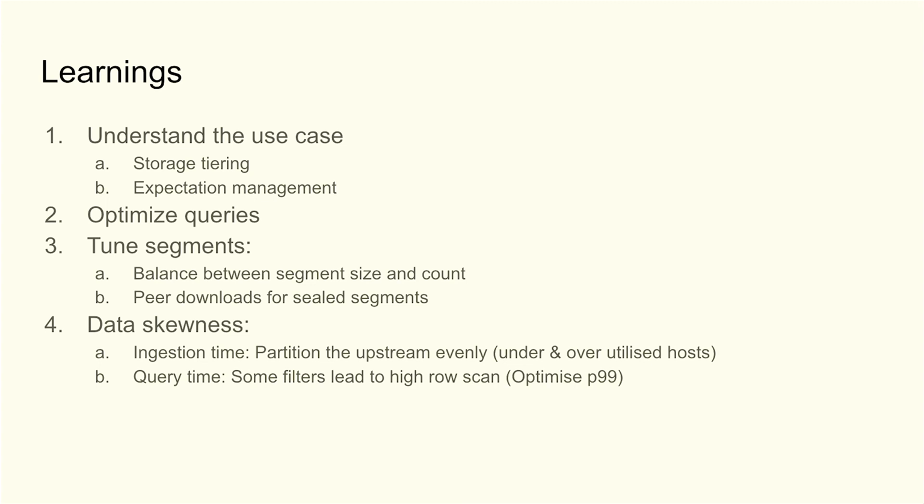Second, you can still have data distributed evenly across your machines, but internally data can be highly skewed during query time. That's because some filters can lead to too many rows being scanned whenever you serve the queries. In this case, we focused on solving for the P99 and what had to be solved. For example, recent data matters most in logging kind of services, which is this one.